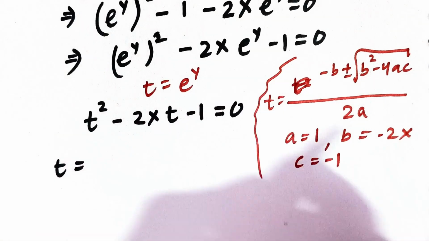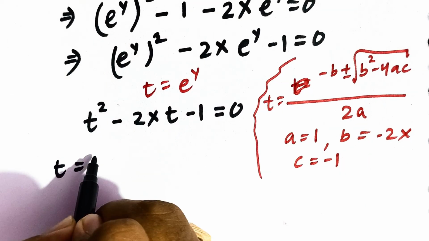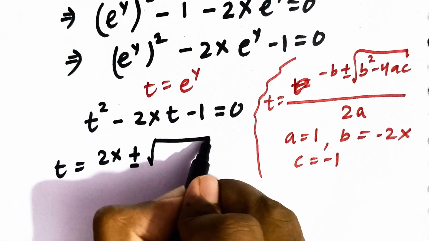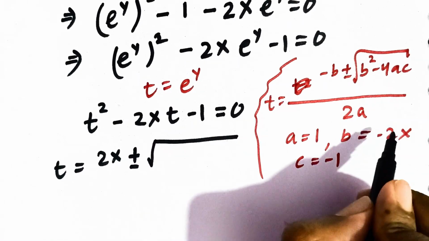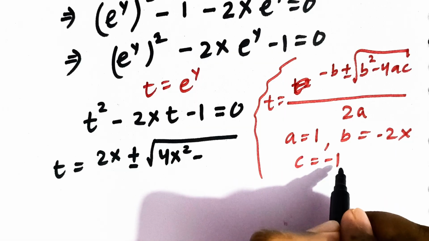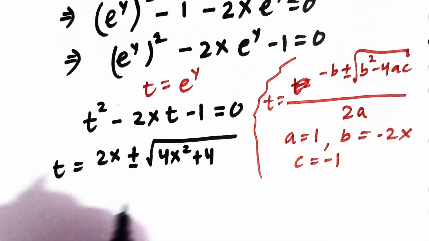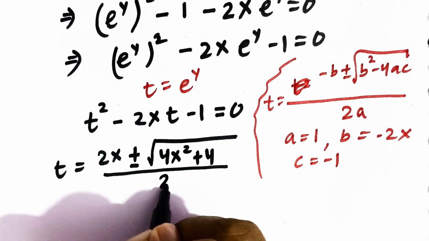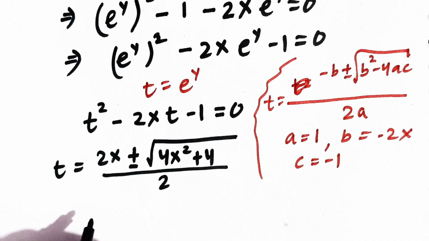Thus t becomes −b, minus of this quantity, which is 2x, plus or minus the square root of b², the square of this quantity, which is 4x², minus 4ac, so we have plus 4. Then 2a, 2 times 1 is 2.